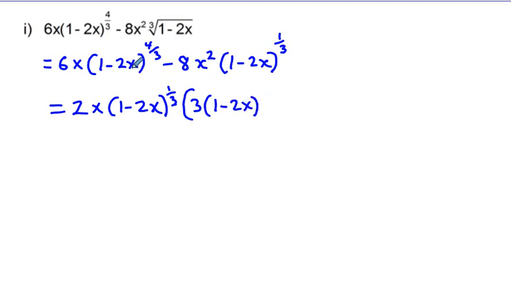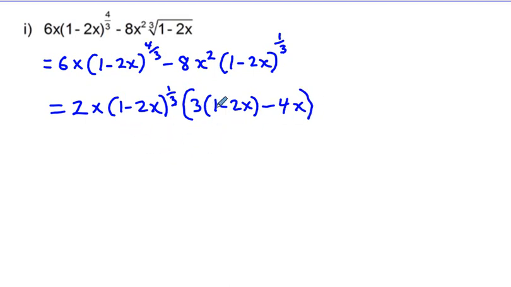And so that takes care of this thing here. And next, what do you multiply by 4 to get negative 8? Well, that's going to be negative 4. And then what do you multiply by x to get x squared? X. And then what do you multiply 1 minus 2x to the 1/3 power by to equal 1 minus 2x to the 1/3 power? Just 1. So there we have this.